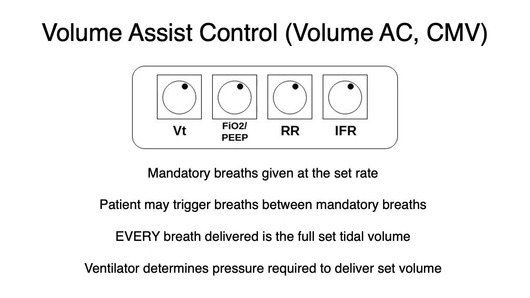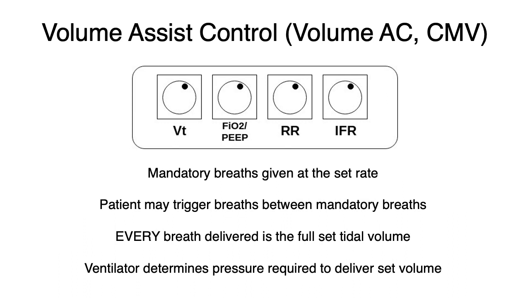So what exactly is going on with volume AC? You can set the respiratory rate, and mandatory breaths will be given at that rate. The patient can trigger breaths in between those mandatory breaths by supplying even just a little bit of negative pressure. Take a little bit of an inspiratory effort, and it'll trigger a breath. Every breath delivered is going to get the full set tidal volume.